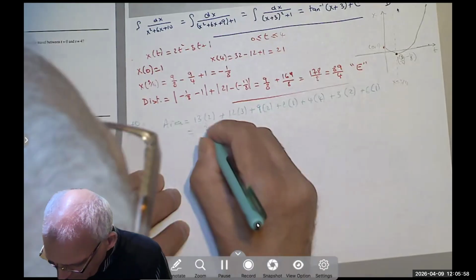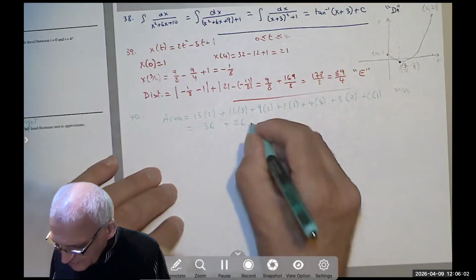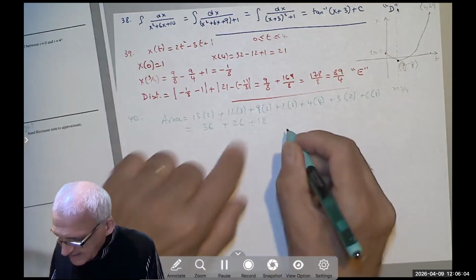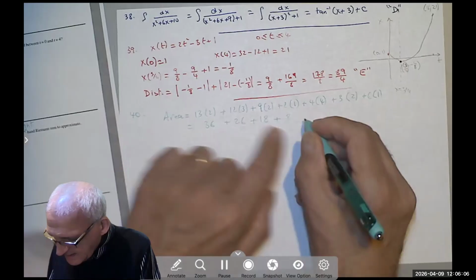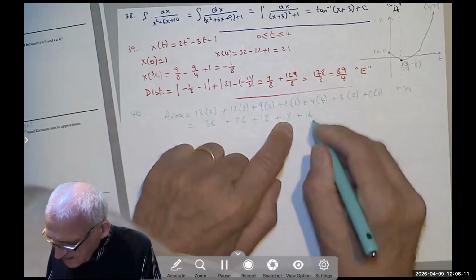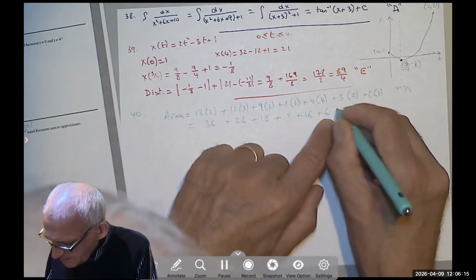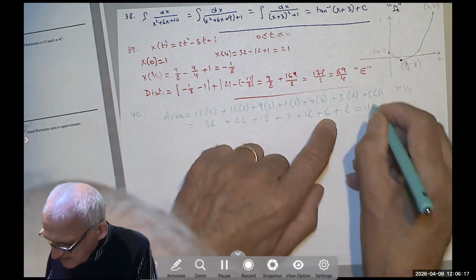So that will give me 36 plus 26, that's 62, plus 18, that's 80, plus 8 is 88, plus 16 is 104, plus 6 is 110, plus 6 is 116.